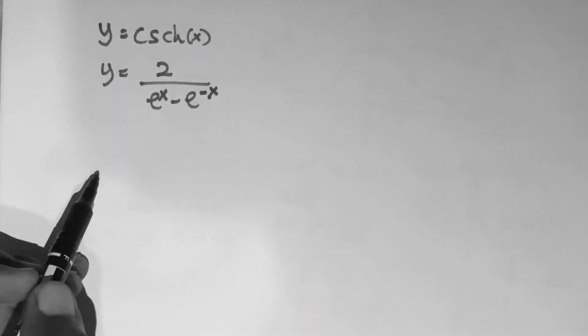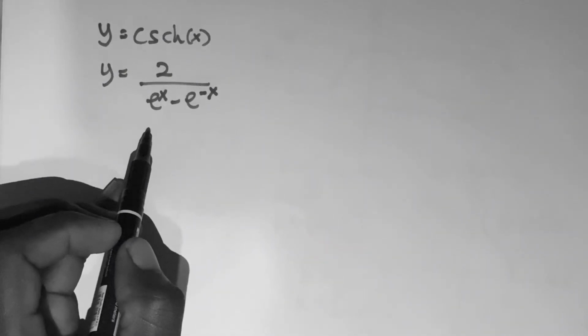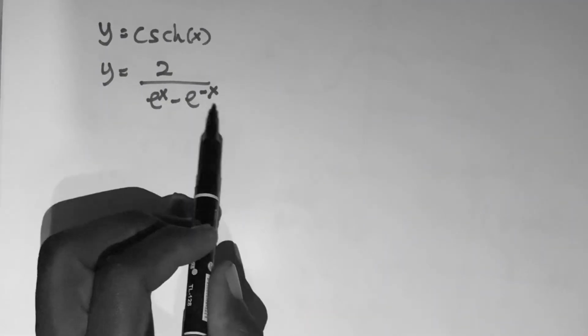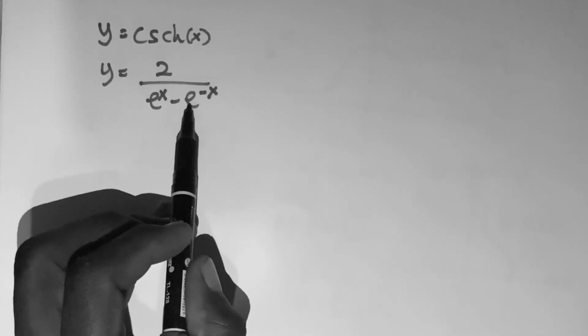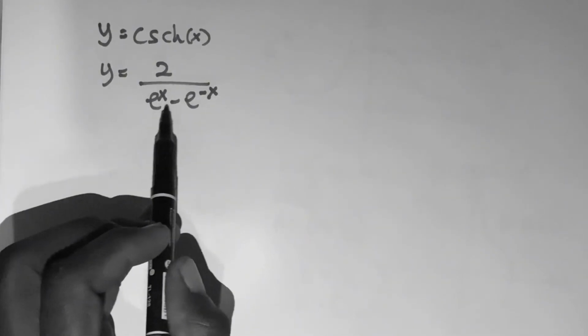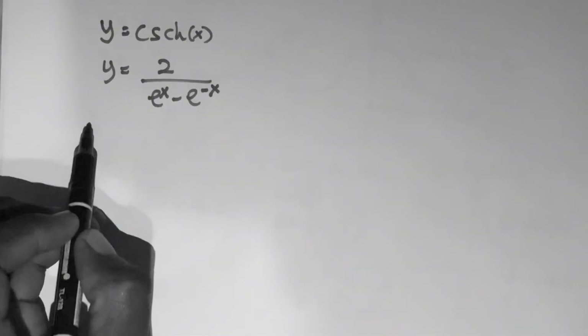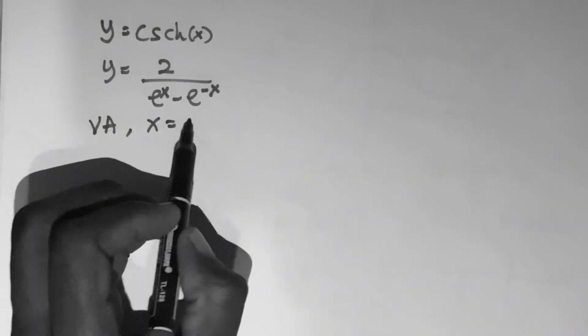Now with this, if we put x equals 0 into this function, you see that y will be undefined, and therefore we have a vertical asymptote at x equals 0.